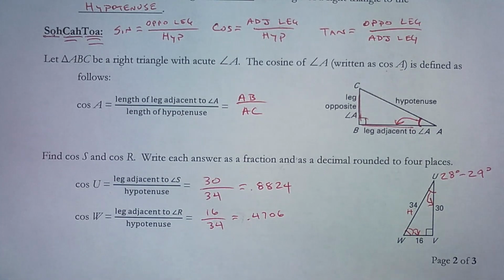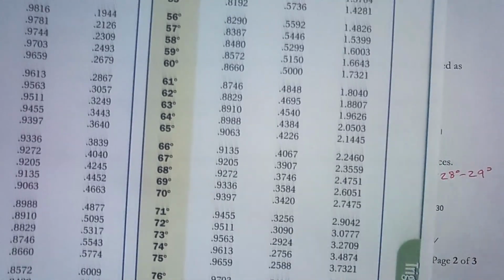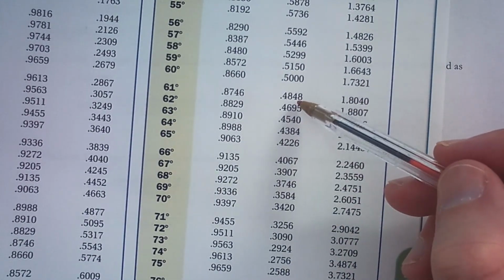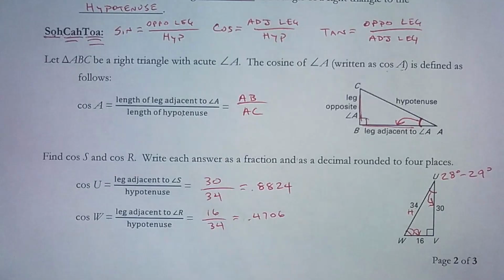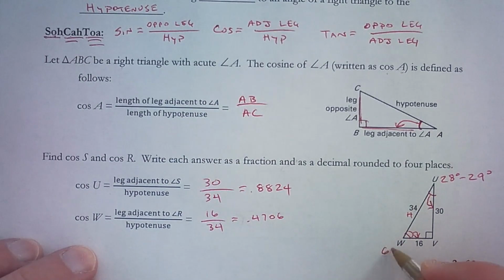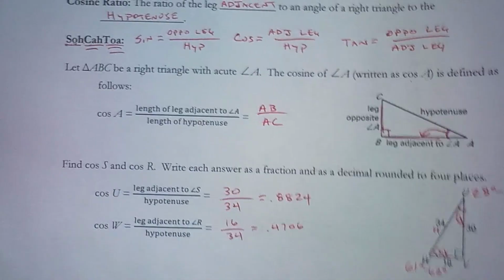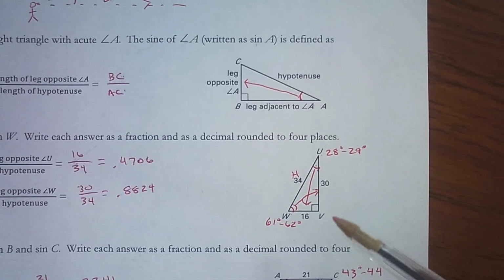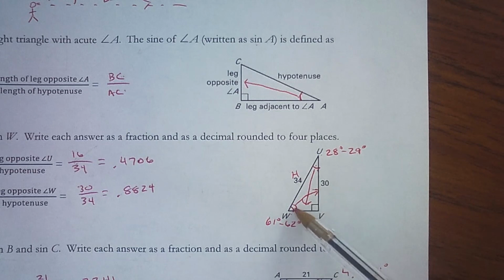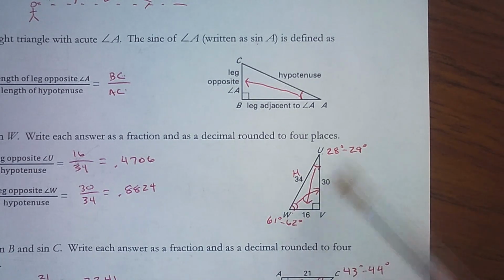And when cosine is 0.4706, that's right here between 61 and 62 degrees. Those are the same measures that we found in our previous lesson. When we were doing sine, we had the same two angles, and we ended up with the same measures.